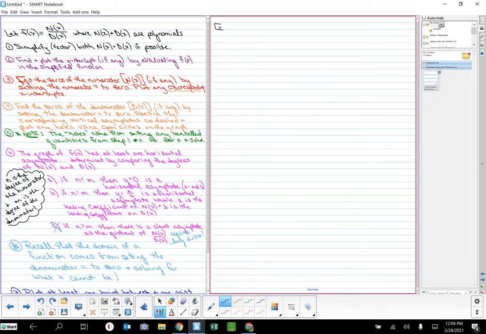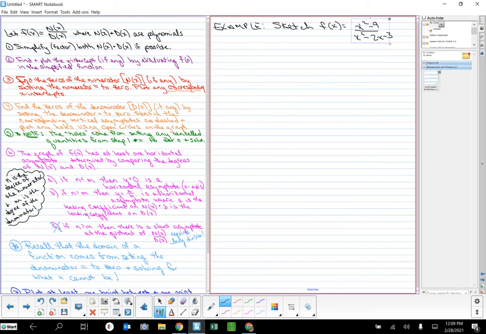Here's an example. Sketch f of x equals x squared minus 9 over x squared minus 2x minus 3.